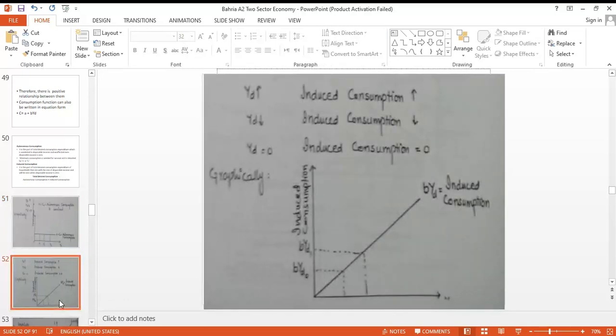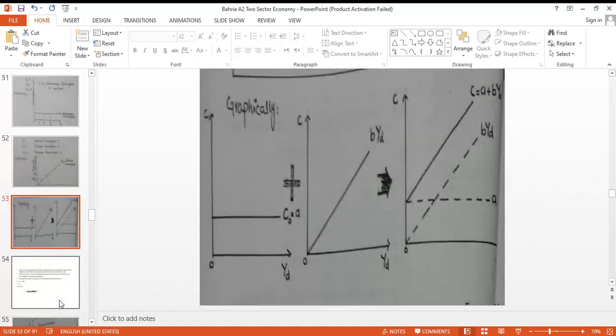And then there's the induced element in consumption. This element is happening because of disposable income. As the disposable income is on the x-axis, as the disposable income rises, your induced consumption also rises. Add up these two graphs and you are going to get the graph on the right, which is your consumption function.